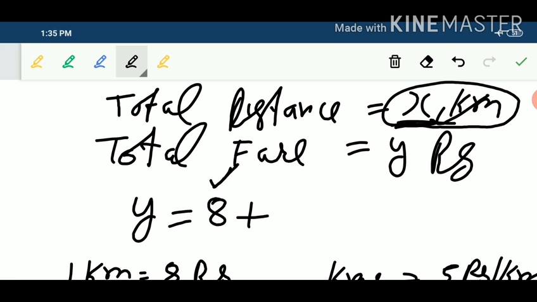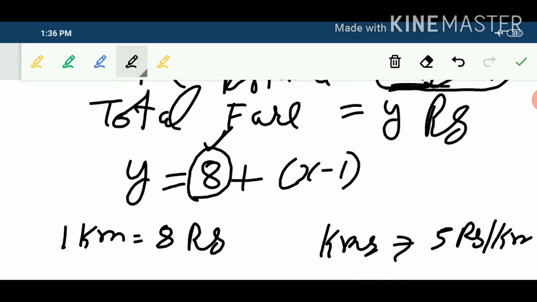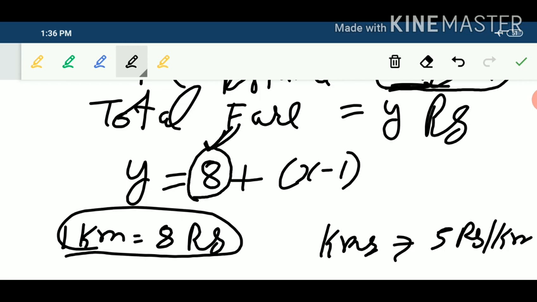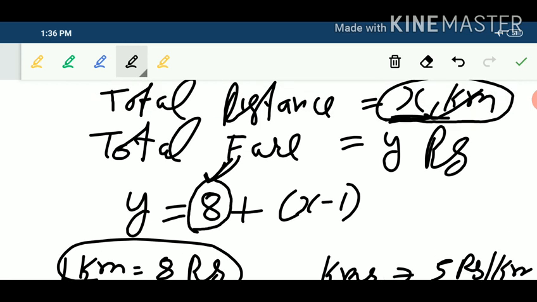Now the remaining distance is x minus 1 kilometer, because the charge for the first kilometer, rupees 8, is already written. So the remaining distance is x minus 1.